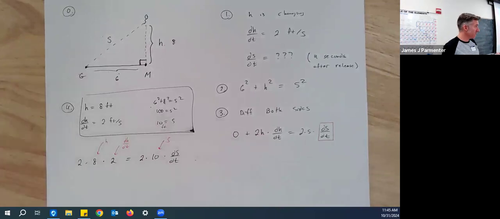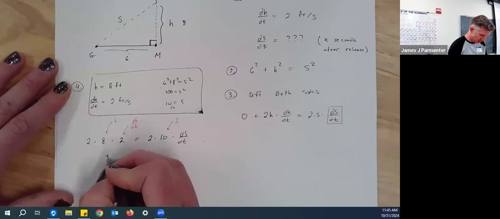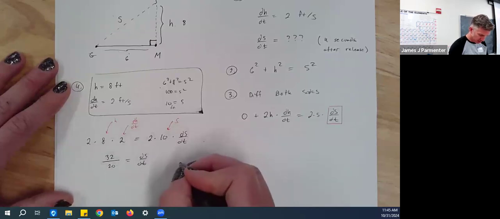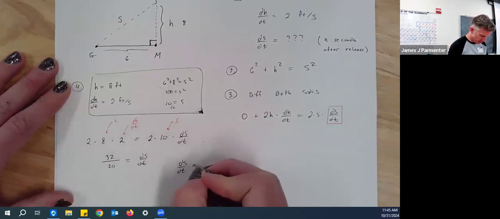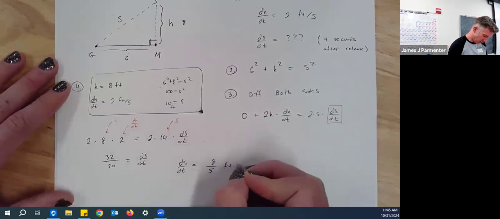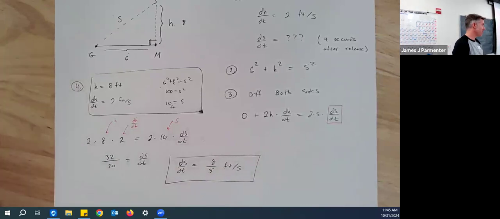And now we can solve for ds dt. So we have 2 times 8 times 2, which is 32, divided by 2 times 10, which is 20, equals ds dt. And then we can reduce that fraction. So ds dt is going to equal 8 over 5 feet per second. Or if you like decimals, 1.6 feet per second.